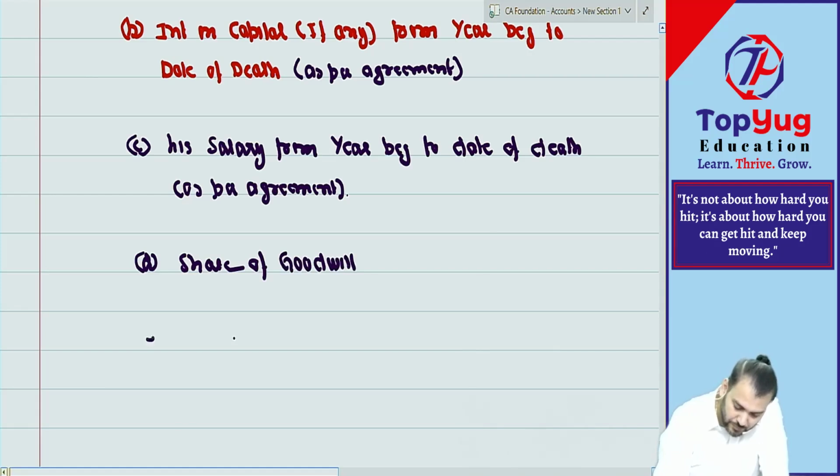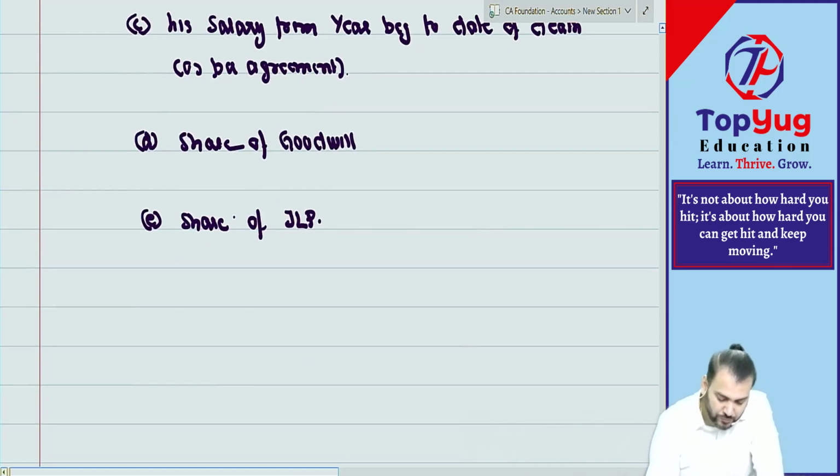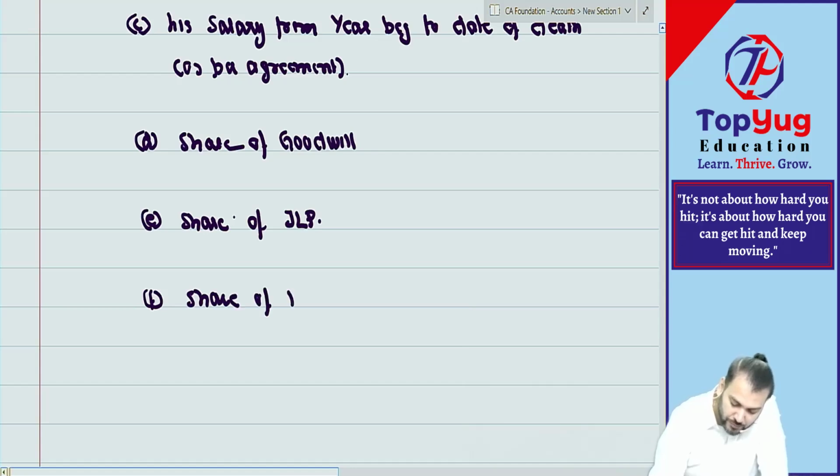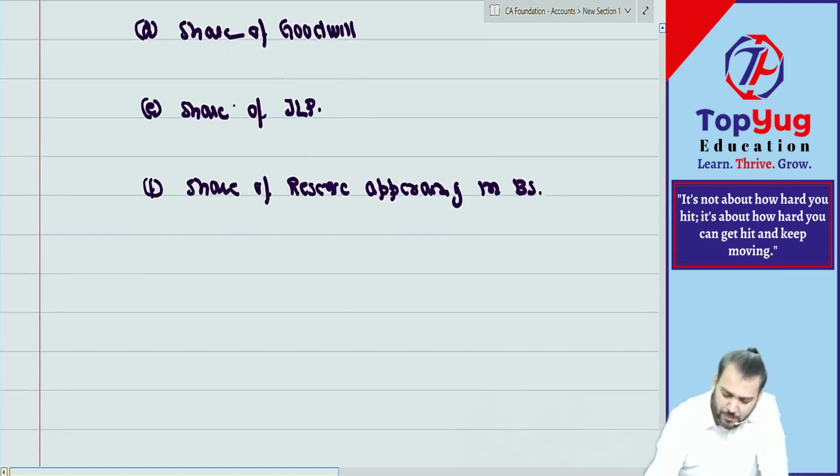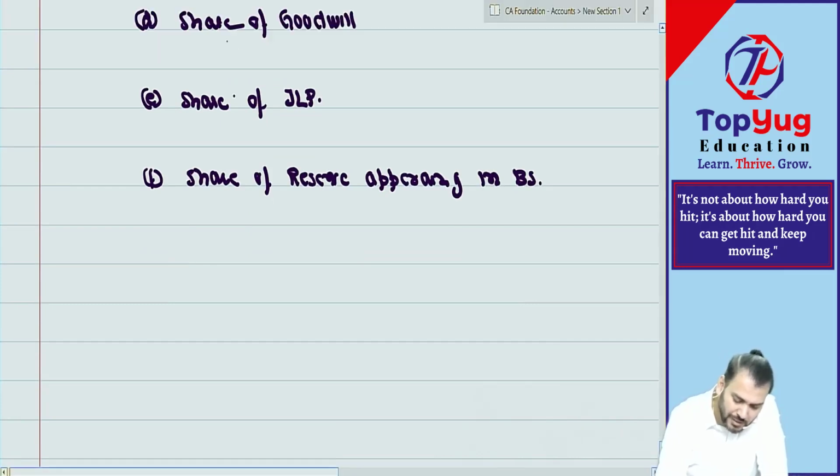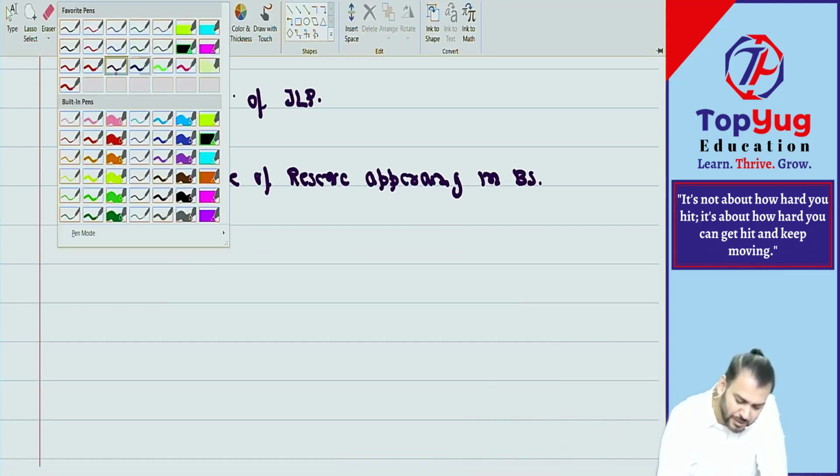Correct. Share of GLP. Understood na? Share of reserve appearing in balance sheet. So this reserve will include GLP reserve also. Correct na? Any reserve will come.